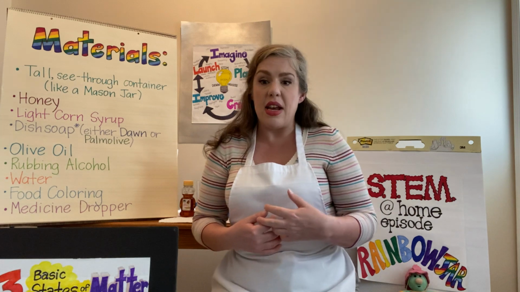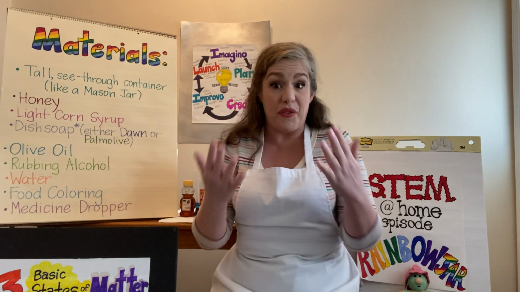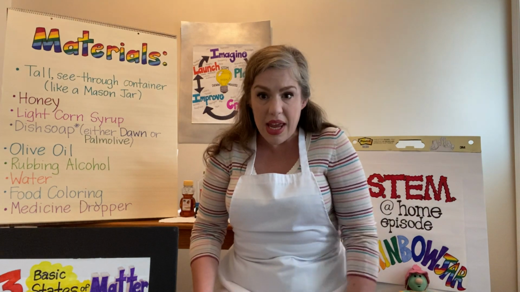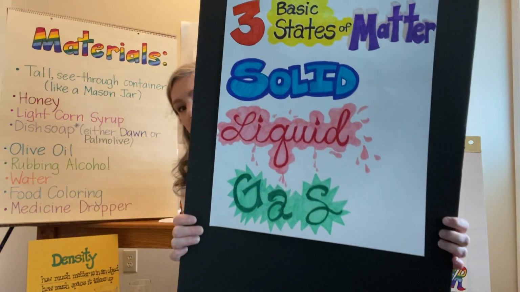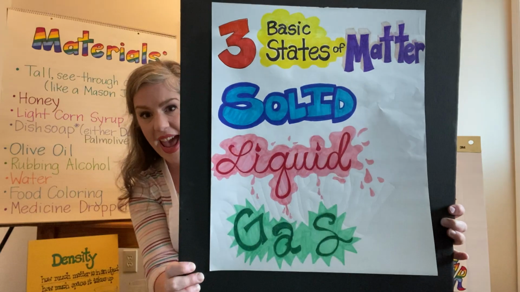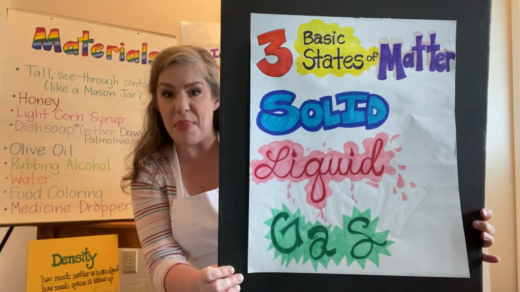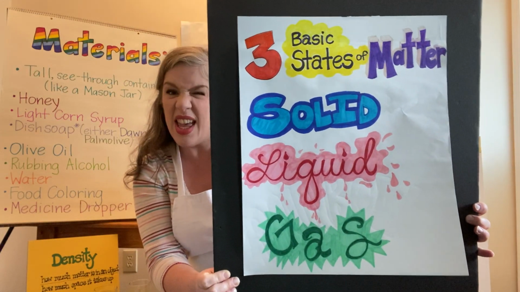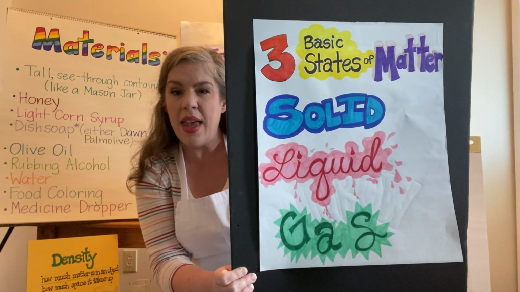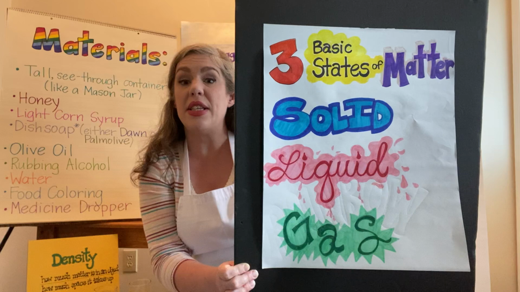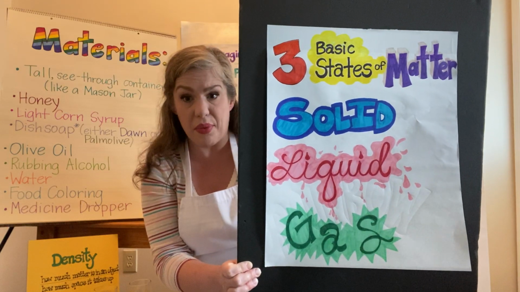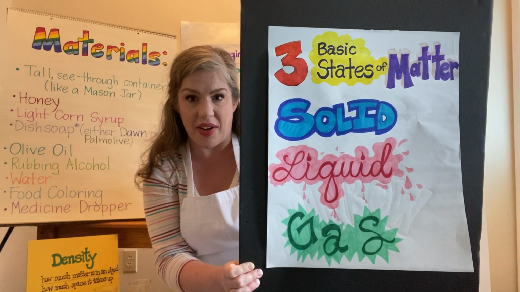Matter comes in all different forms, right? There are three basic forms: solid, liquid, and gas. Those are the three basic states of matter. There is another, plasma, but we're not going to talk about that one today. So solid, liquid, and gas are the three basic states of matter.